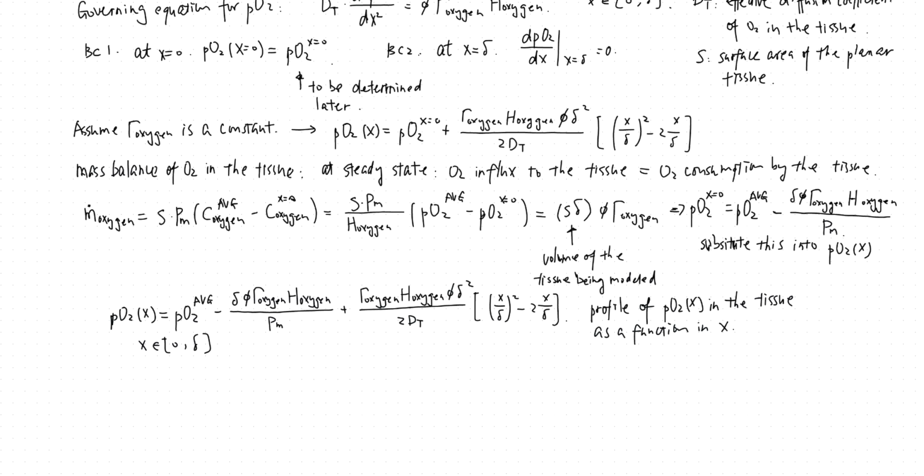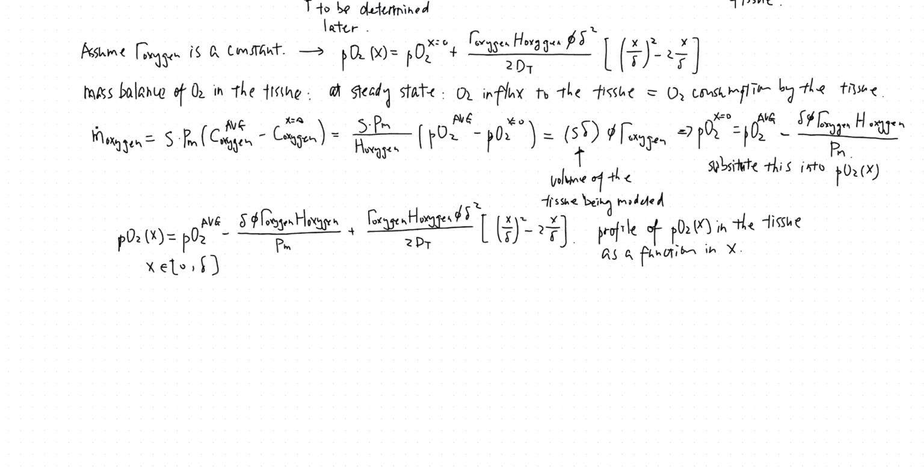Let's consider two scenarios, two special cases. So the first special case is without the immunoisolation membrane.